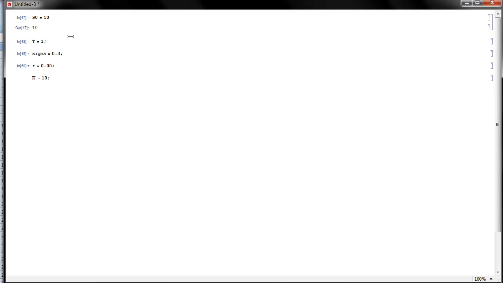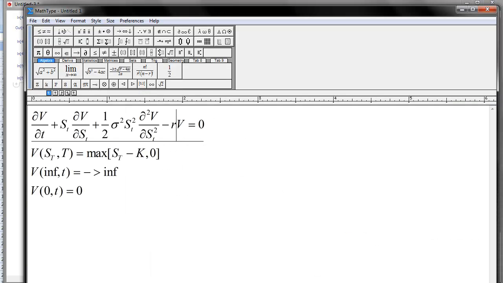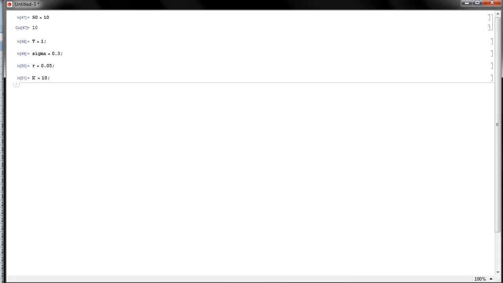So you will exercise the option if the spot price of the underlying is above K at the maturity. Okay, so those are the parameters. I hope I'm not missing one. Okay, yeah, this should be complete.